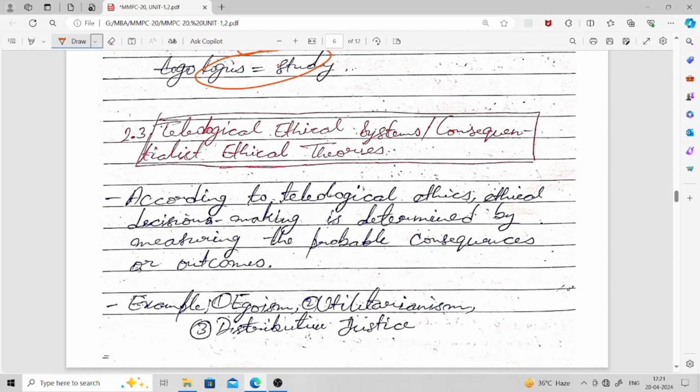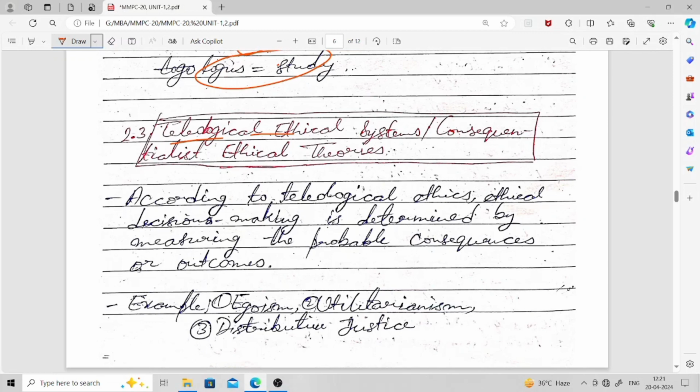According to teleological ethics, ethical decision making is determined by measuring the probable consequences or outcomes. It means here ethical decision making is determined by measuring the probable consequences.